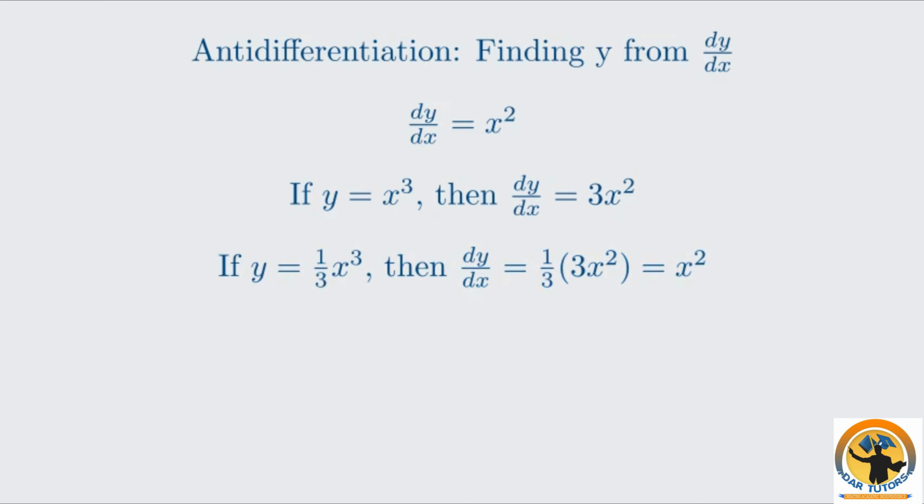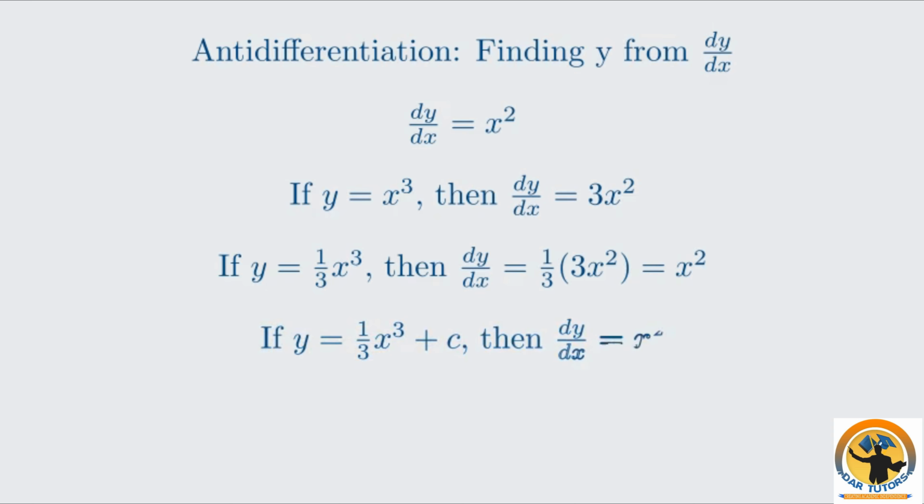However, there's a crucial point. What if the original function was y equals 1/3 x cubed plus 2? Its derivative is still x squared. The same is true for y equals 1/3 x cubed minus 7. In fact, any function of the form y equals 1/3 x cubed plus c, where c is an arbitrary constant, will have a derivative of x squared.